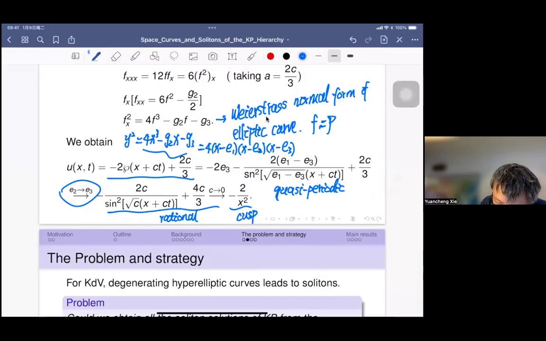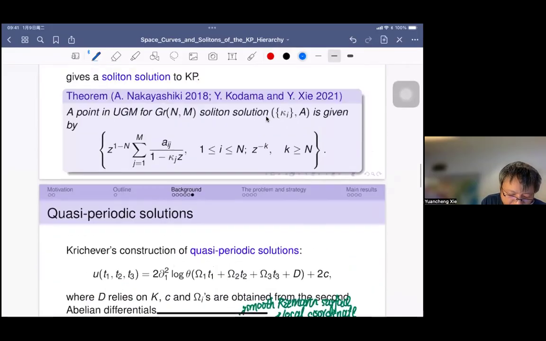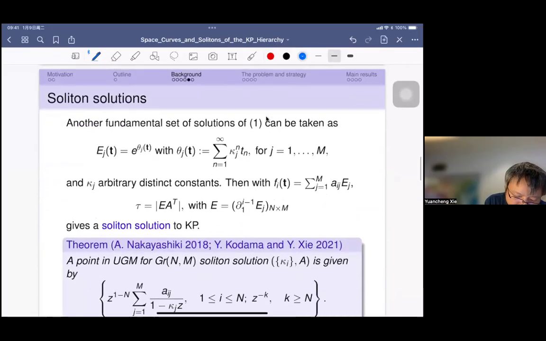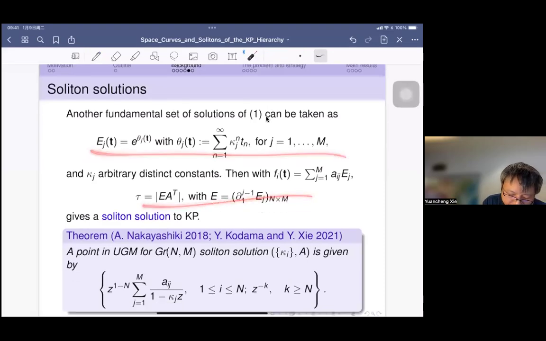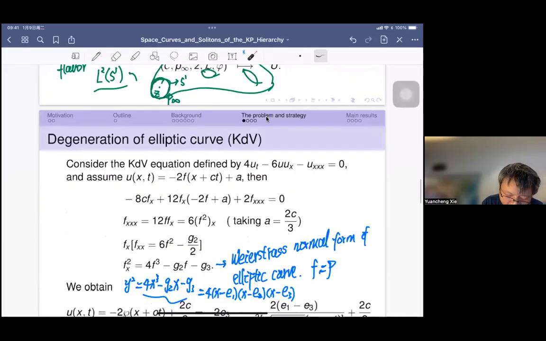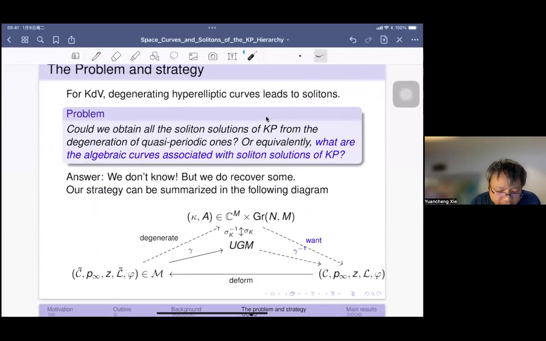If we degenerate this algebraic curve, we will get the soliton solutions. And if we degenerate the curve further, we will get rational solutions. Okay, but the soliton solutions we constructed by finite dimensional Grassmannian, just like in this way. It's very different from this construction of algebro-geometric solutions. And that led us to study the following question.